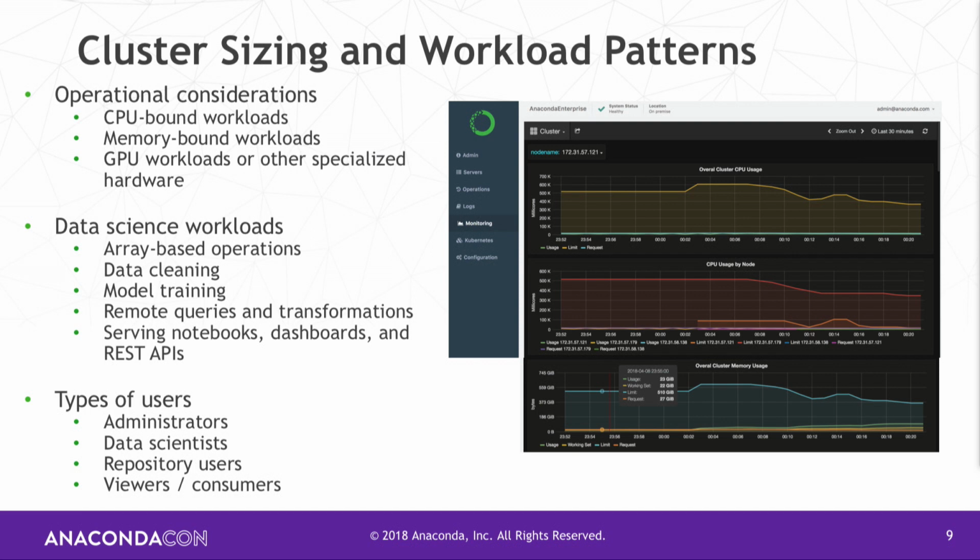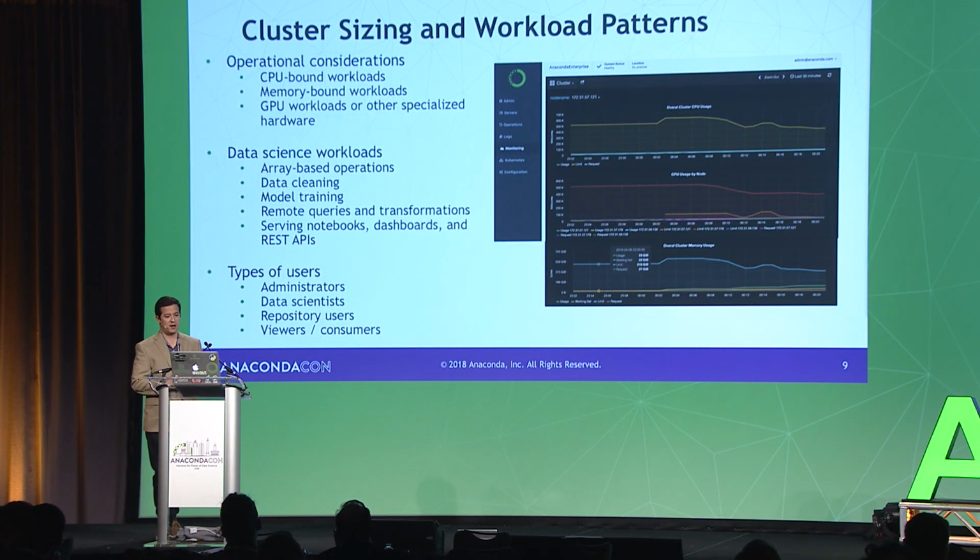So it's helpful to think, if we are running remote computations on Spark and saving that data and then working with it inside of Anaconda Enterprise, what types of operations are they doing? Are they doing array-based computations, data cleaning, ETL tasks, or something like model training? All of these can be CPU intensive or IO intensive. And then there might be in-memory workloads that are memory bound.